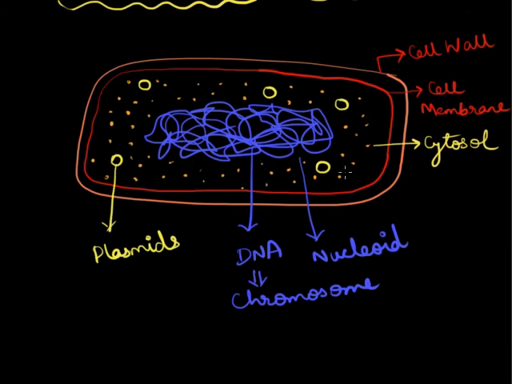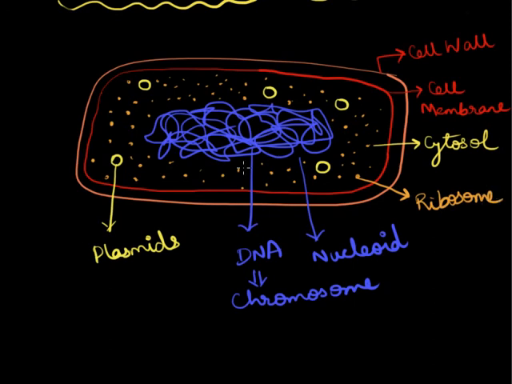These are basically numerous in number, and they are distributed throughout the cell. So when you're drawing, be sure to evenly distribute these ribosomes throughout the cell. So let us label these as the ribosome.